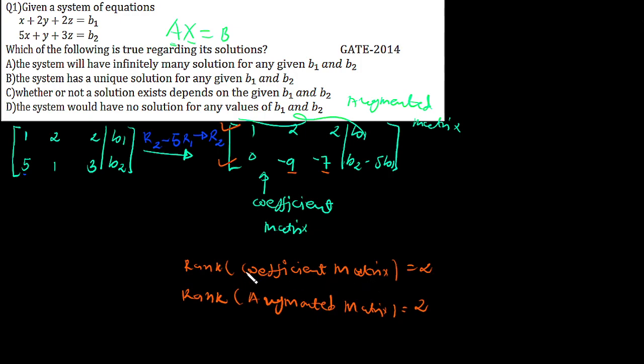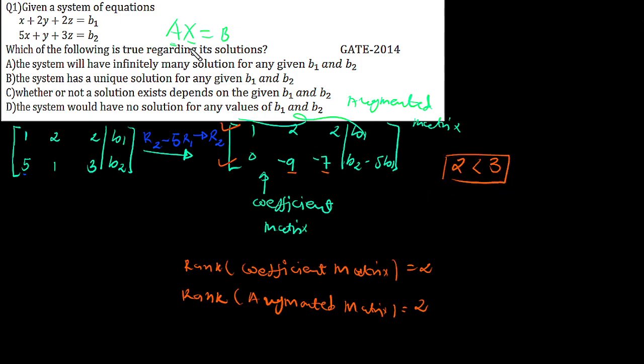Now, for the system to have a solution, the necessary condition is that the rank of the coefficient matrix and the rank of the augmented matrix are equal, and here that is the case. The rank of the coefficient matrix is 2 and the rank of the augmented matrix is also 2. Now I can say the rank is less than the number of unknowns. Here the number of unknowns is 3, so one variable is independent.